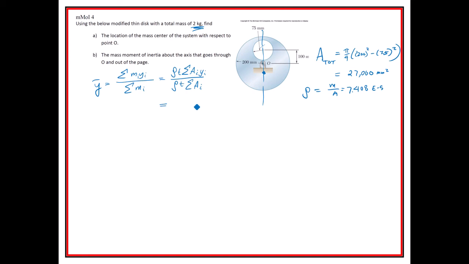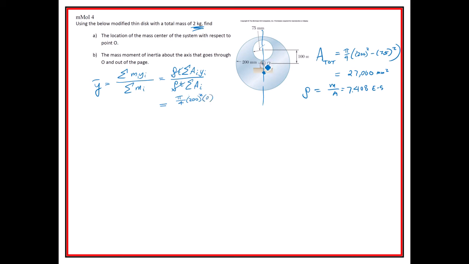So what we do is take the area of the top, and you notice that the density and thickness go away, and take the area of the individual ones. So we go pi over 4 times our 200 squared, but that's going to be times 0, right?